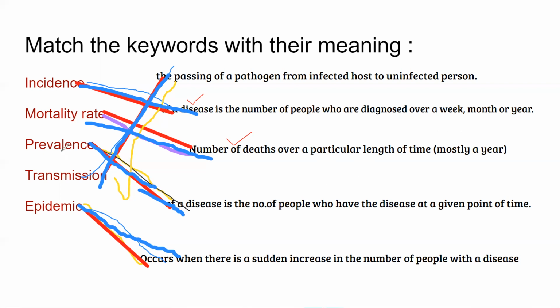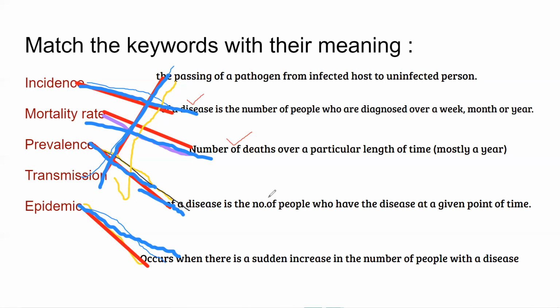Prevalence, on the other hand, is mostly where the confusion happens. Students confuse between prevalence and incidence. The only difference between prevalence and incidence is that incidence is how many people are suffering from the same disease in a given span of time, a week, month, or year.